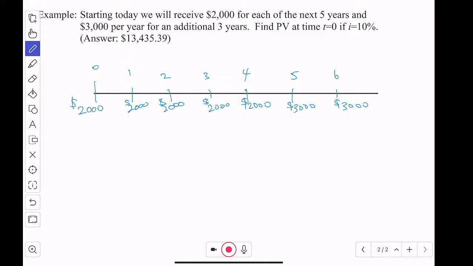So there's different ways to do this first part. Again, I'm going to divide it up into parts. This first part is an annuity due if you do it up to here, with 5 payments.